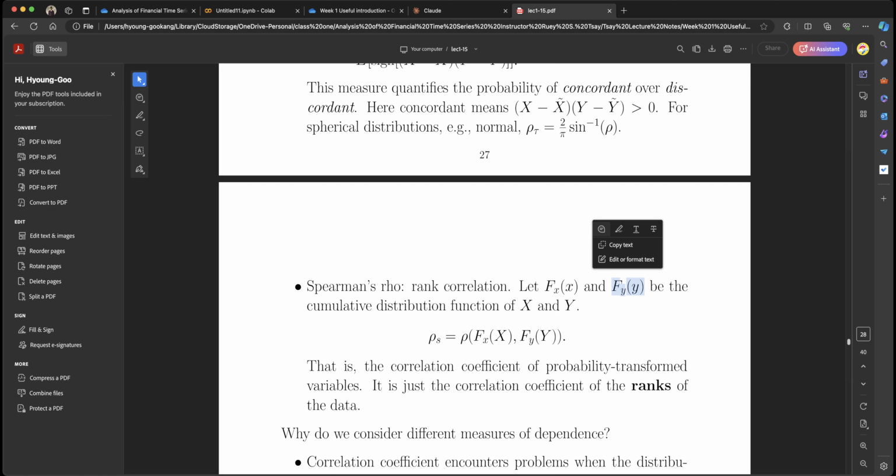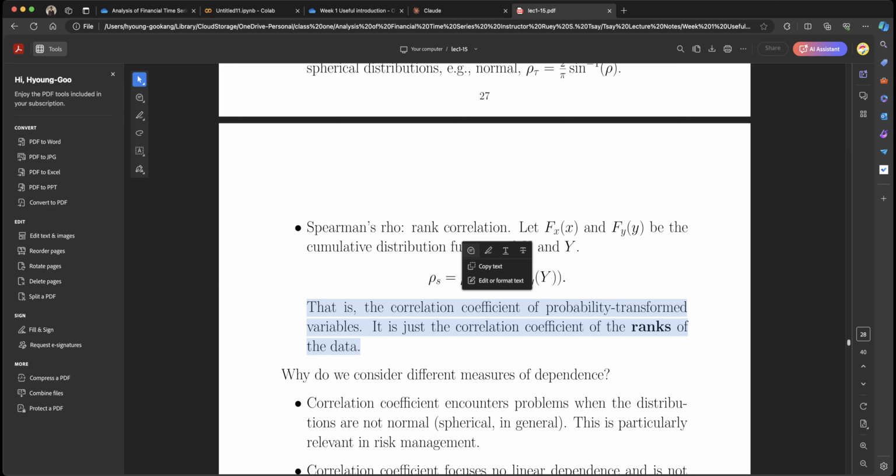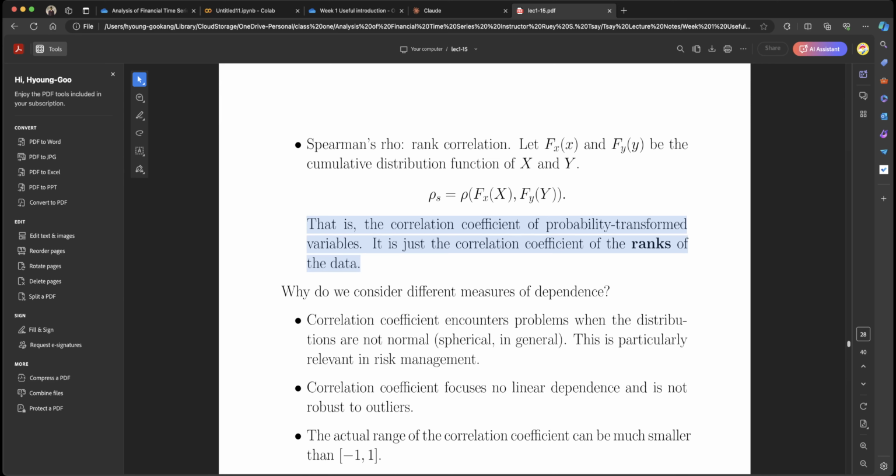Once we rank the random data and then calculate the correlation based on those rankings, we have Spearman's rho. That is the correlation coefficient of the probability-transformed variables. It is just the correlation coefficient of the rank of the data. So, based on rank, it is more robust to extreme outliers.